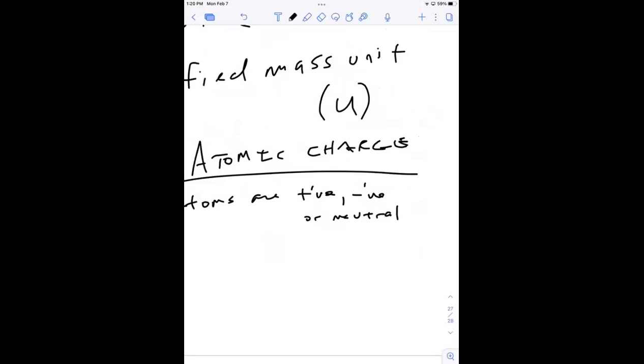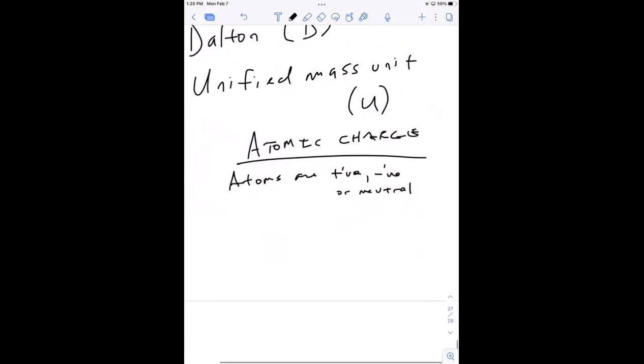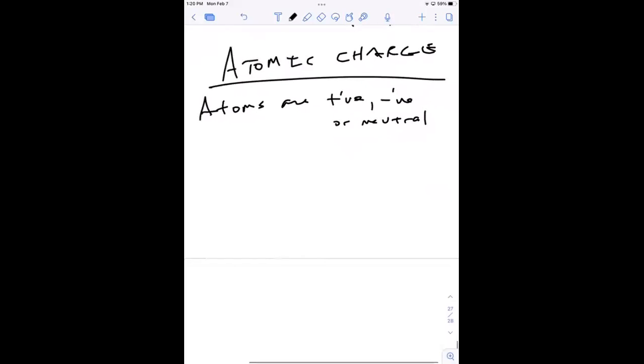Anytime an atom has a charge, that atom is going to be considered slightly less stable than the neutral counterpart. All right. So within the atom, anytime an atom has a charge, it's going to be due to one or two things. It's going to be due to losing electrons, which we're going to talk about shortly, or gaining electrons.